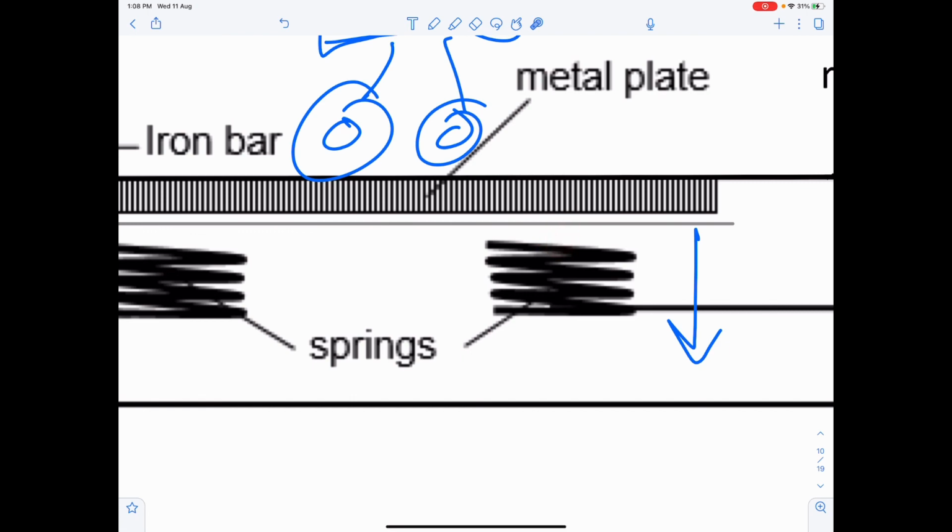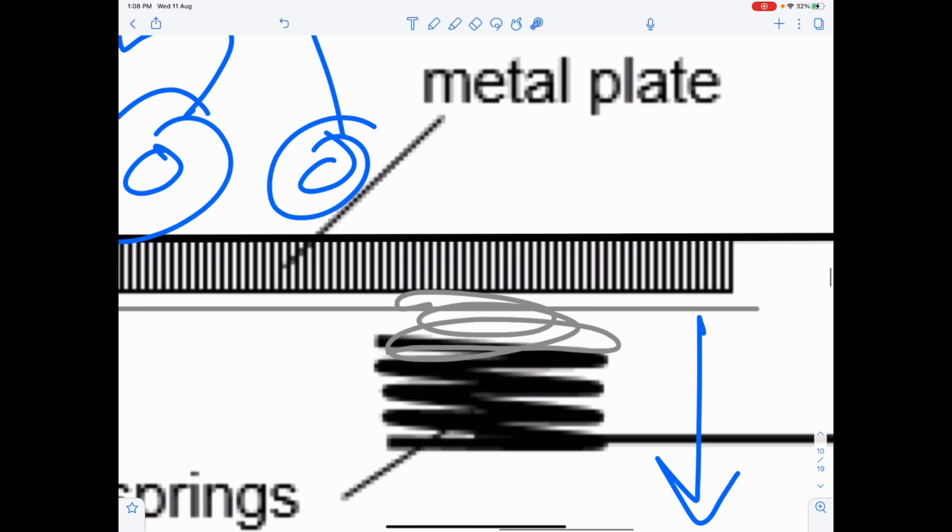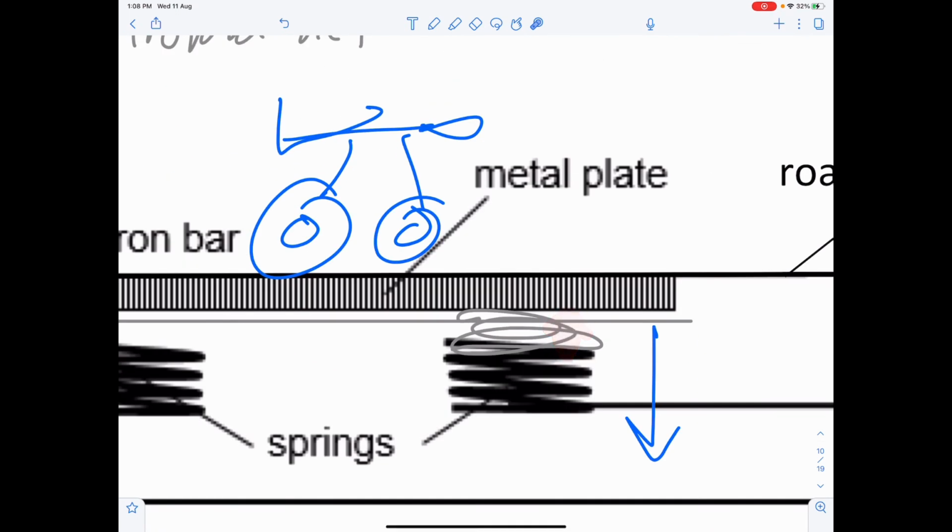I don't care whether the spring can be compressed easily or is less stiff or more stiff. Never touch means open circuit. So in this case, there's only one way, which is to make the spring longer so that it touches, or you lower the plate so that the distance that your motorcyclist needs to push the metal plate down is smaller.